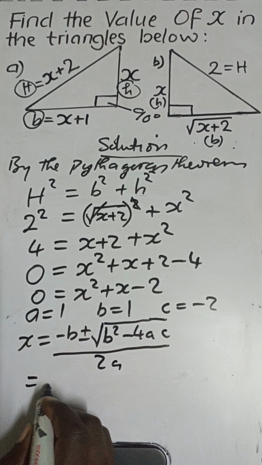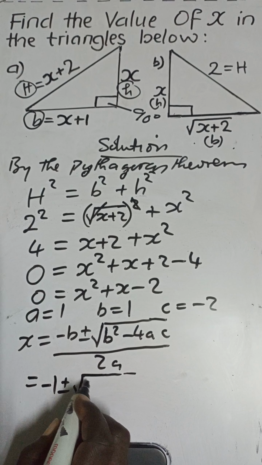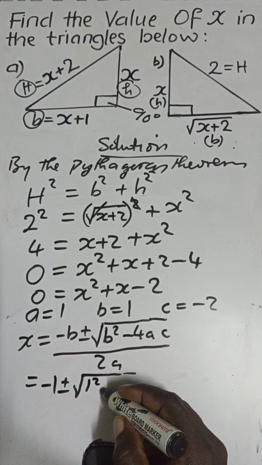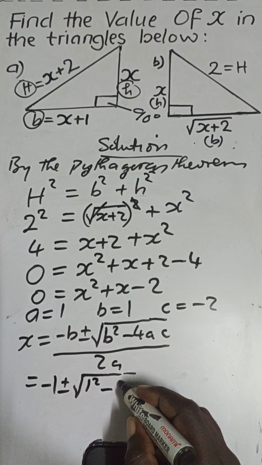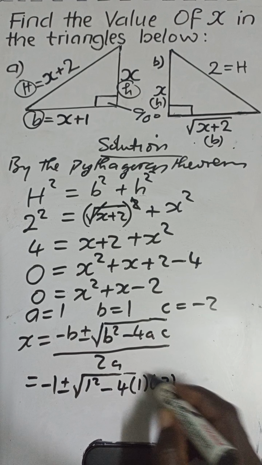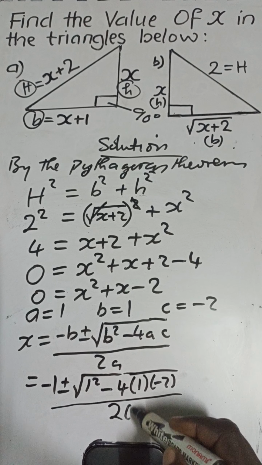So this gives us negative 1 plus minus the root of 1 squared minus 4 into 1 into negative 2. All of that divided by 2a.